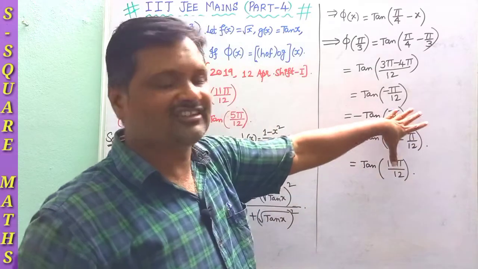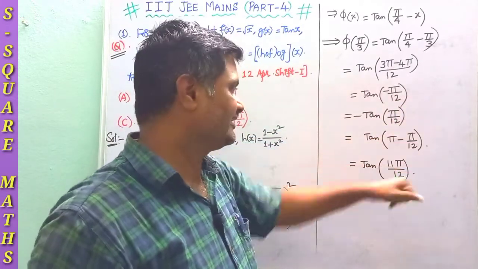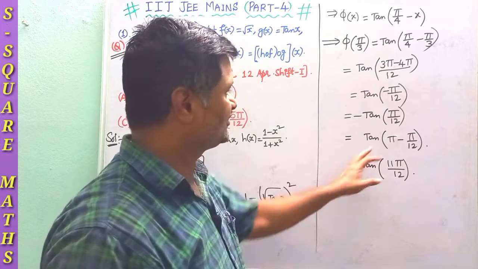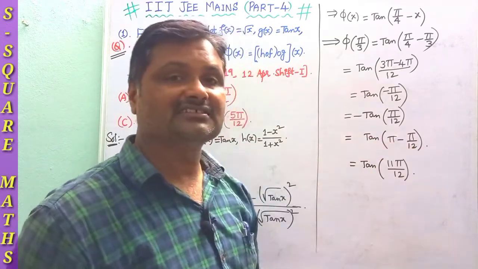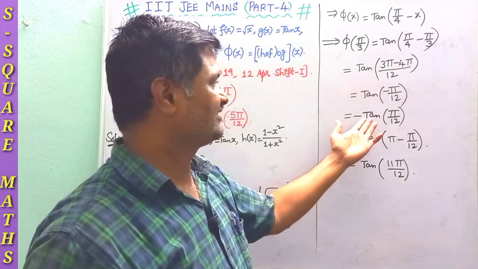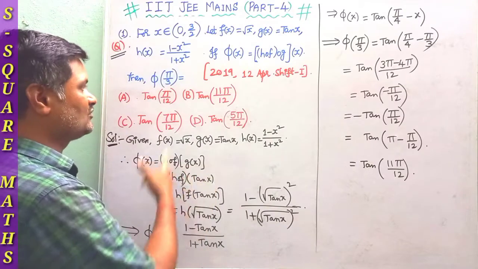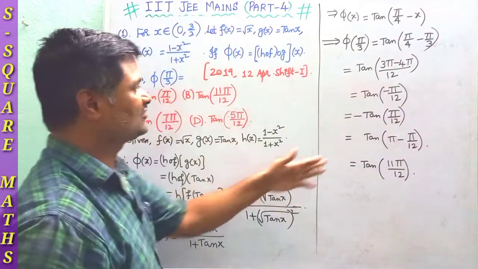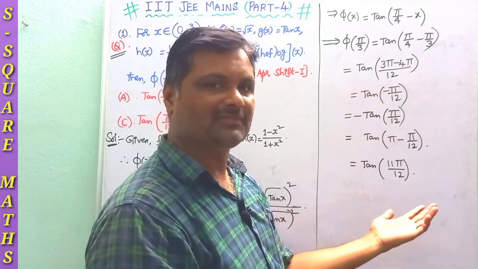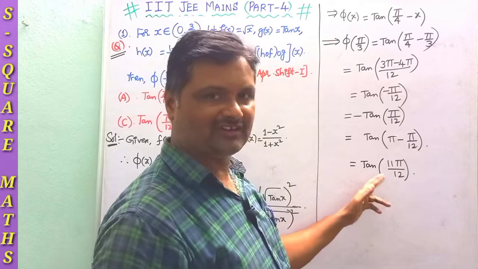By the definition of supplementary angles of trigonometric ratios, tan of 180 minus theta lies in the second quadrant, so tan is negative. This form was not available in the options, so that is why we shifted in this way to pi minus pi by 12. After simplifying with the LCM I got this.